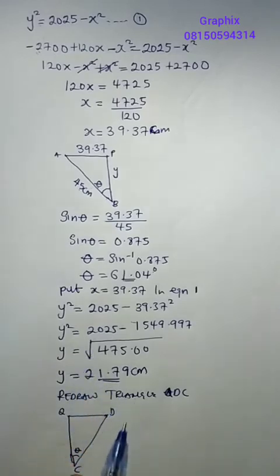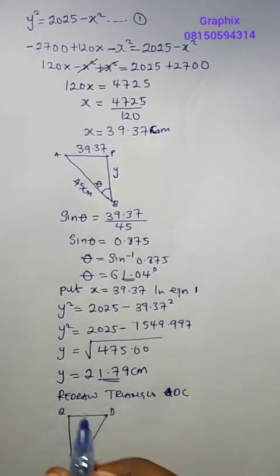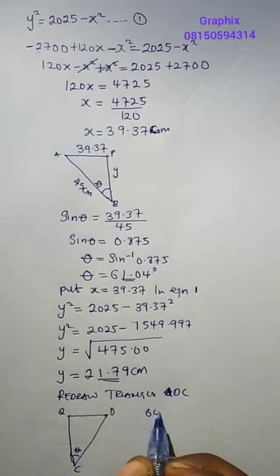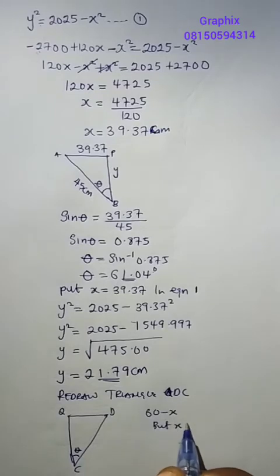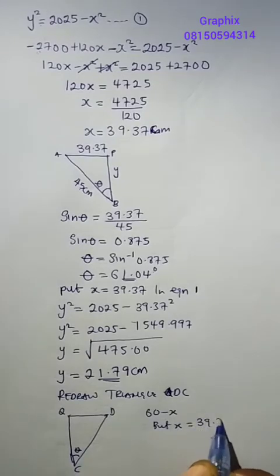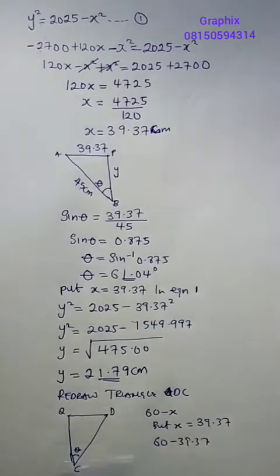Then our x will be what we have here, 60 minus x. So 60 minus x, right? But x is equals to 39.37. It will be 60 minus 39.37. So we have 60 minus 39.37. That will give you 20.63.